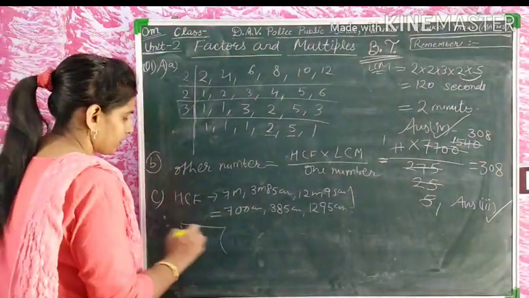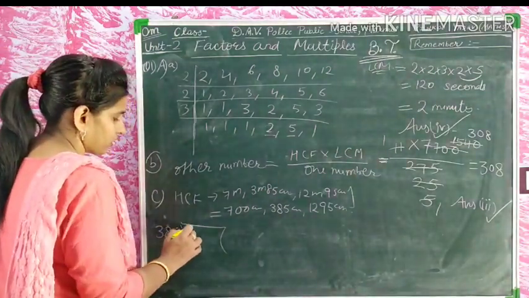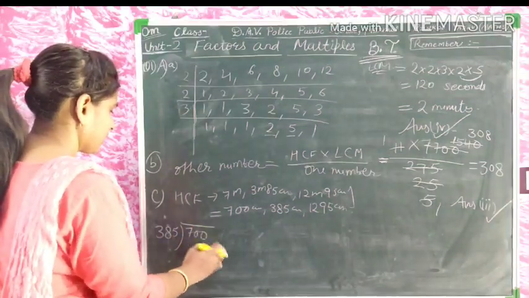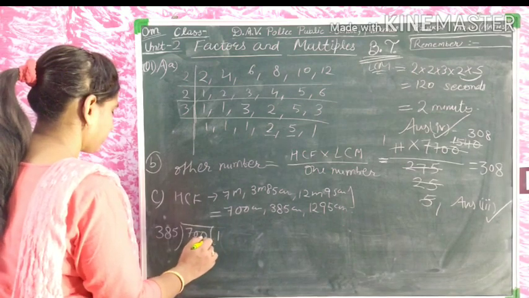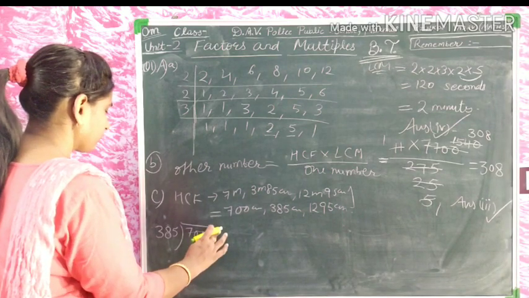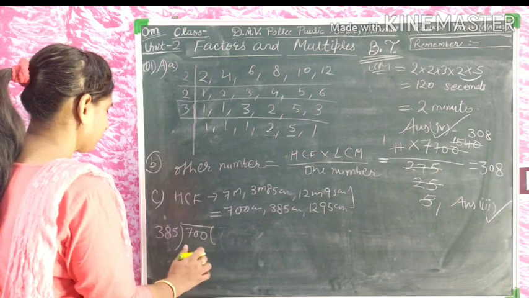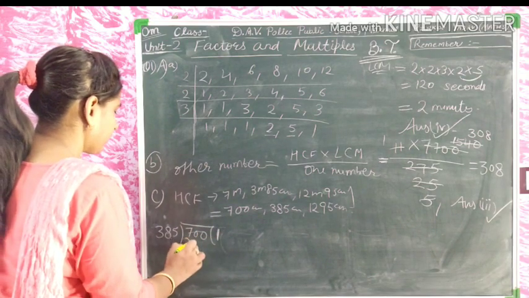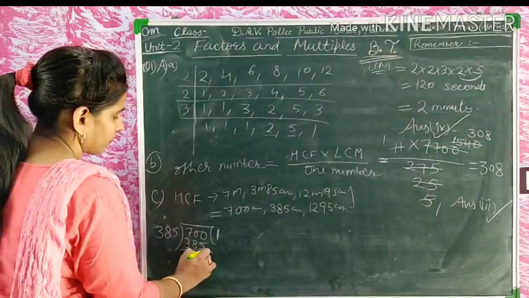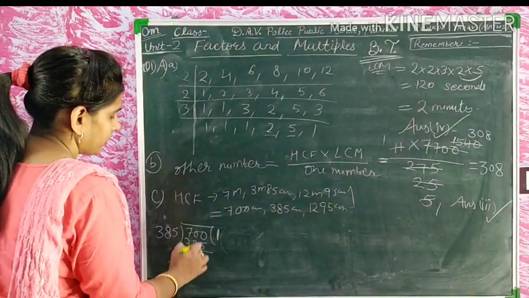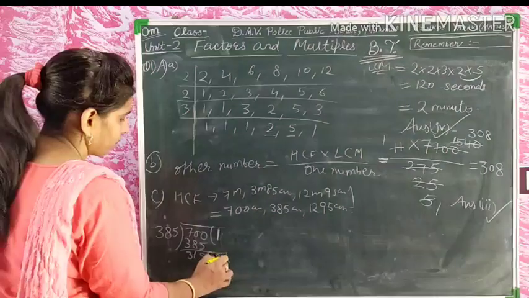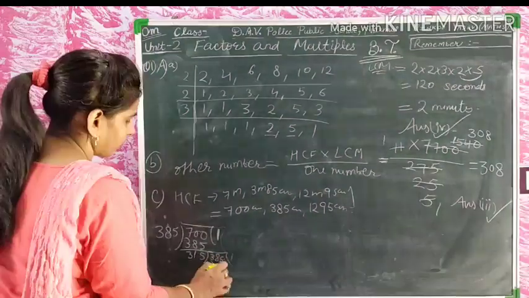For the HCF, dividing 700 by 385, we will get the remainders. It will be divided by 385, and again divided by 315.